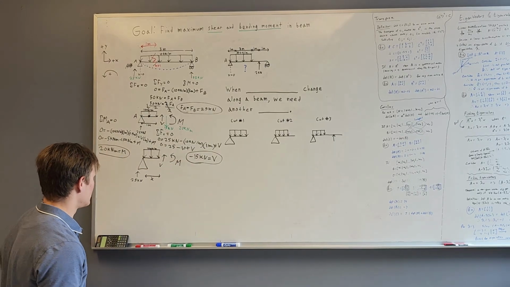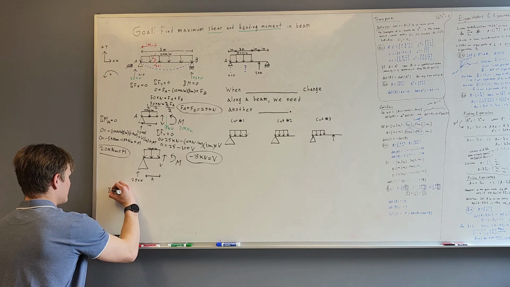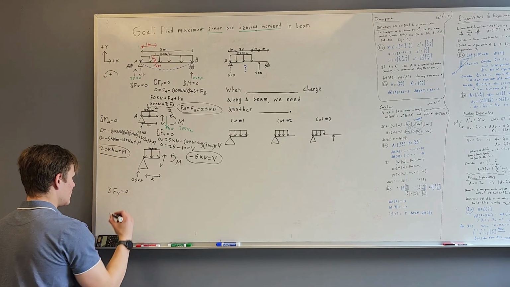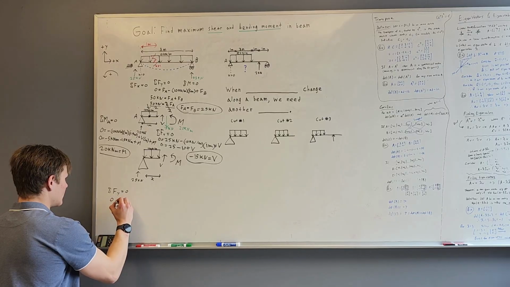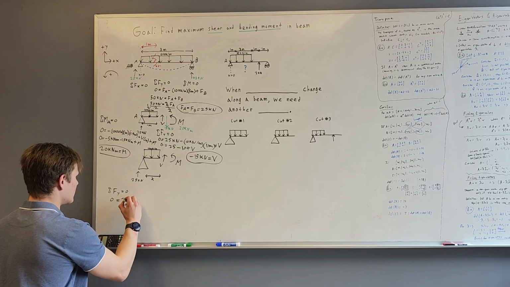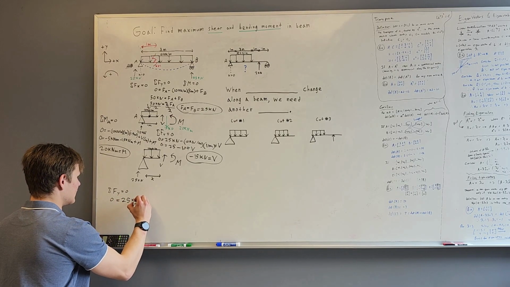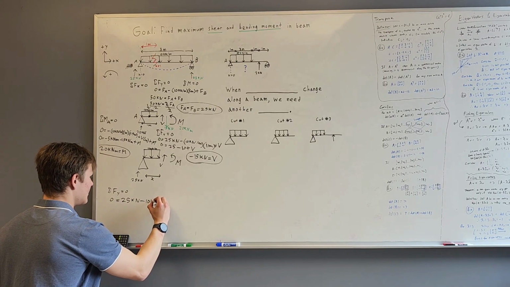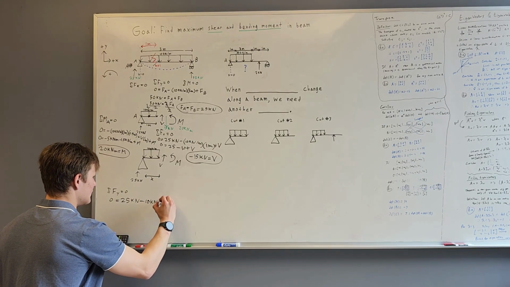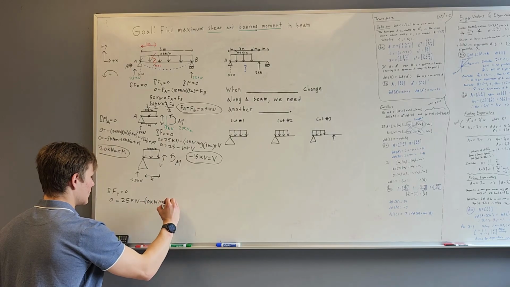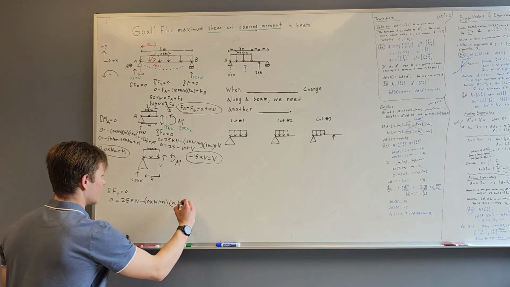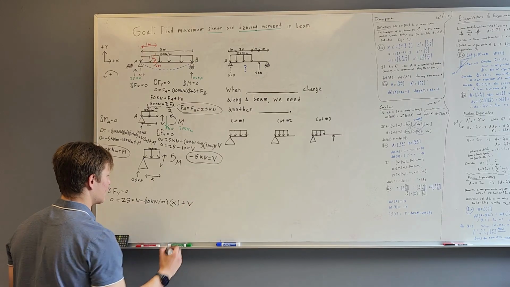So now we can take the sum of the forces in y equals 0. 0 is equal to 25 kilonewtons, take away 10 kilonewtons per meter, acting over a distance of x, plus shear.